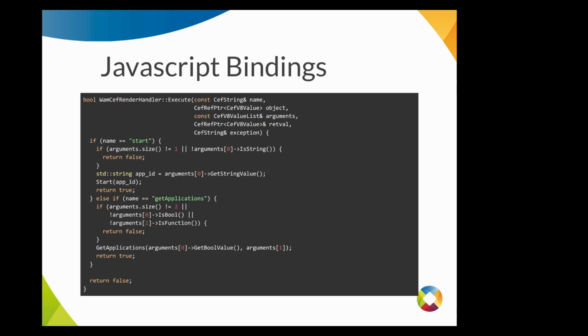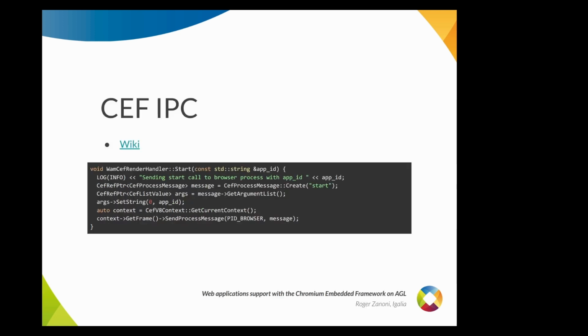What this handling code does is basically check what function has been called and call the method that will communicate with the browser process. CEF also provides a minimal interface for inter-process communication, and here is what we do when we receive a start call in our app service object.